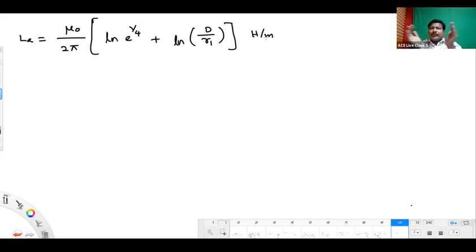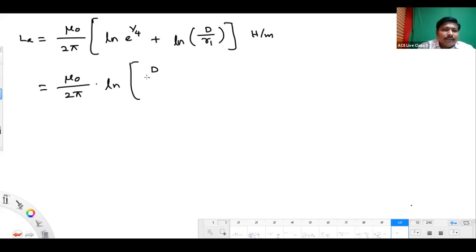And you add these two natural logarithms together, like ln A plus ln B equal to ln of A into B. So you can write this like mu naught by 2 pi natural logarithm of D by R1 into e power 1 by 4 in terms of Henry by meter. E power 1 by 4 is a constant number.